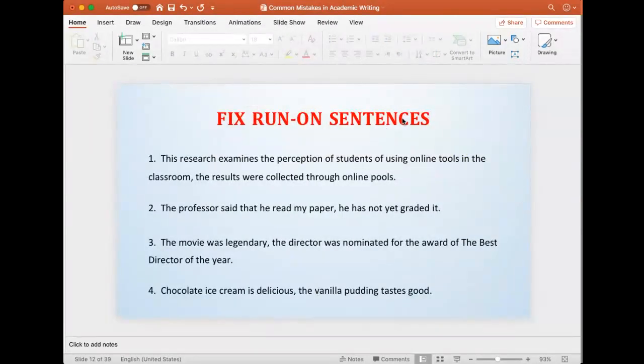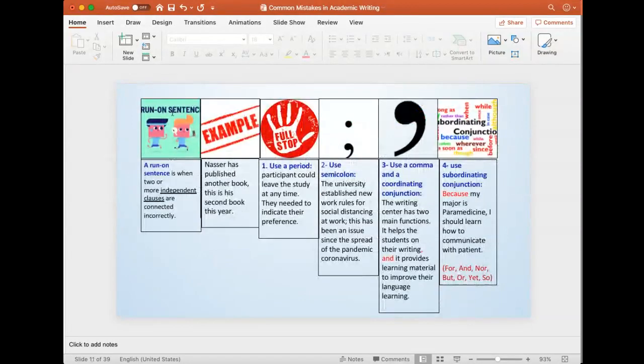Okay, so here are some examples of run-on sentences that I want you to work on correcting, using the previously learned material. We have four things we have learned. If you want to take a screenshot of this slide so you can apply it to those questions, go ahead and do it now.